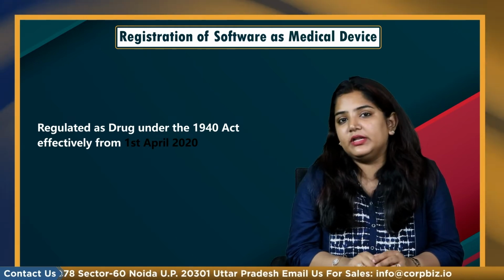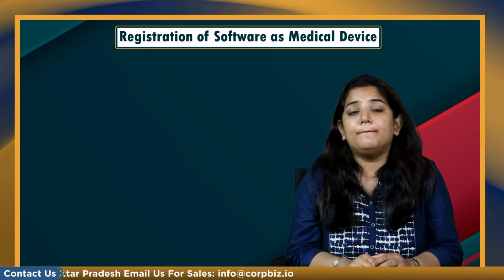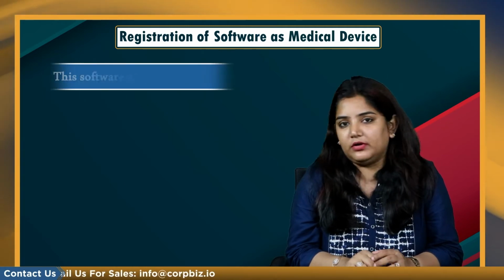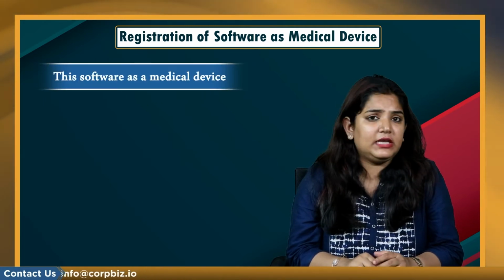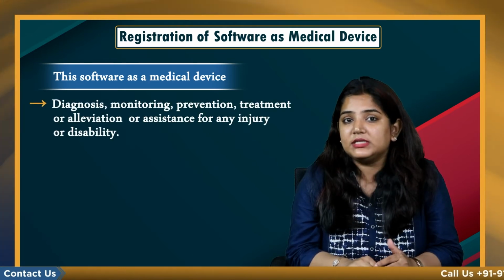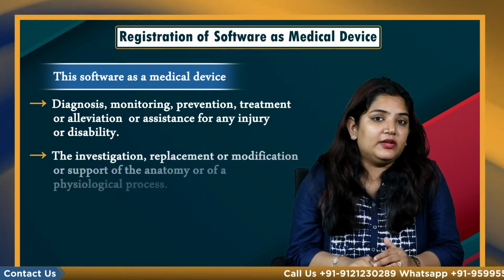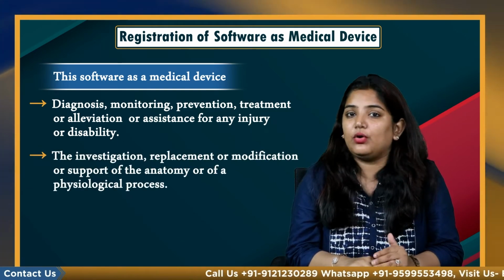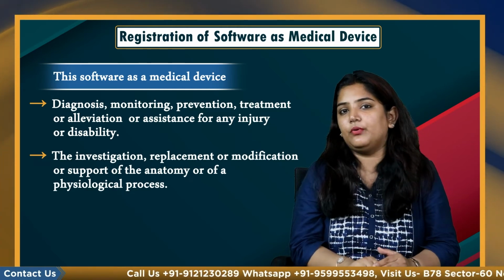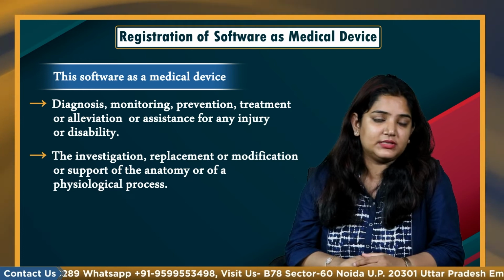To be included in the meaning of drugs, this software as a medical device must be used for any of the following purposes. Firstly, diagnosis, monitoring, treatment, alleviation or assistance for any injury or disability. Secondly, the investigation, replacement or modification or support of the anatomy or of any physiological process.